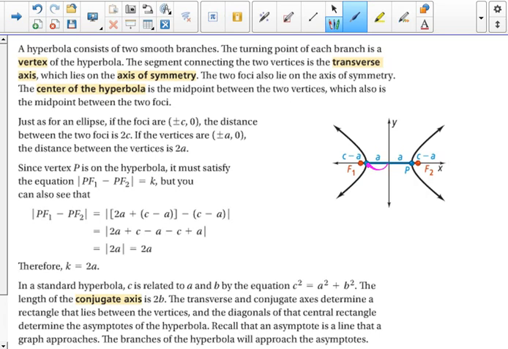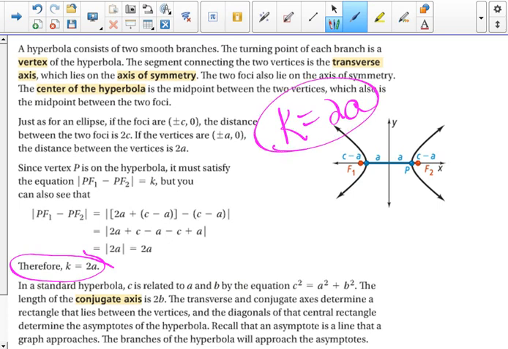See, from there to there is A, and from there to there is A. So both of those together is 2A. So we can also say, I'm not going to go through all this, that K is equal to 2 times A. So there's another one.